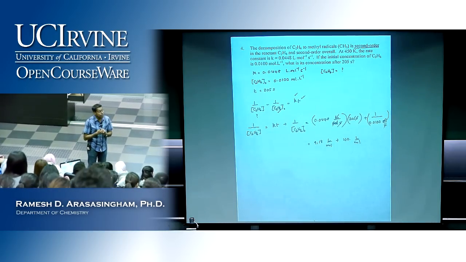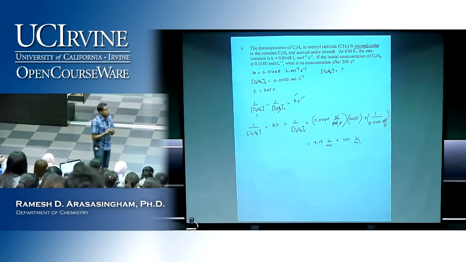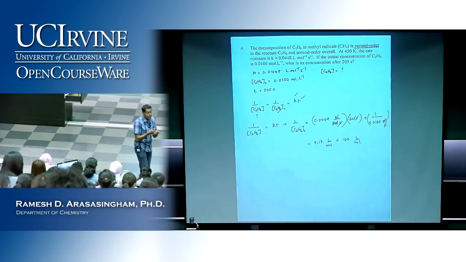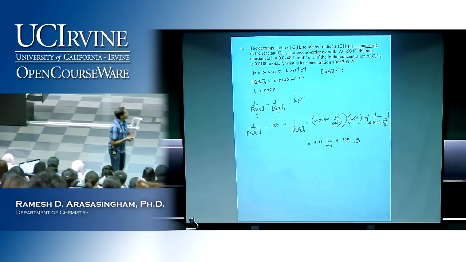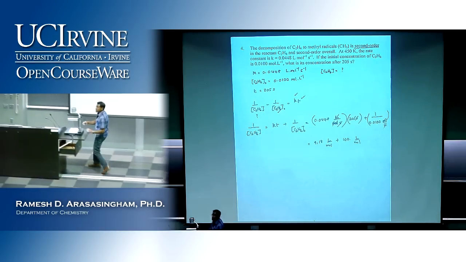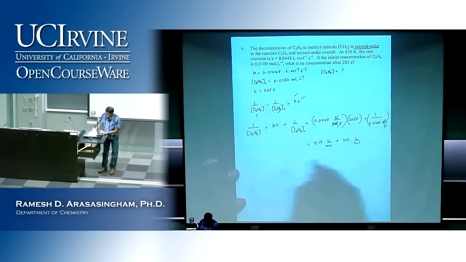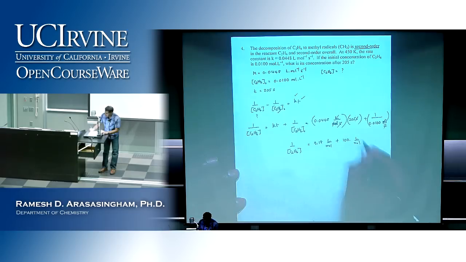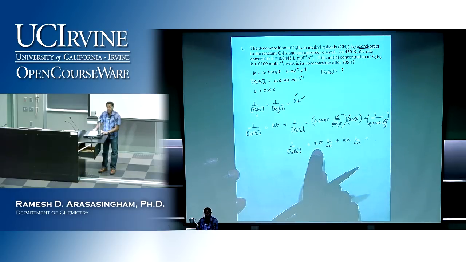And so you know that you're on the right track, because if you end up with two different units, you know you can't add the two numbers together. All right? So now that we have the same units and you can add apples to apples, now I know that 1 over C2H6 equals that. And if I add these two together, keeping track of sig figs, this is a 3 sig fig number, this is a 3 sig fig number.